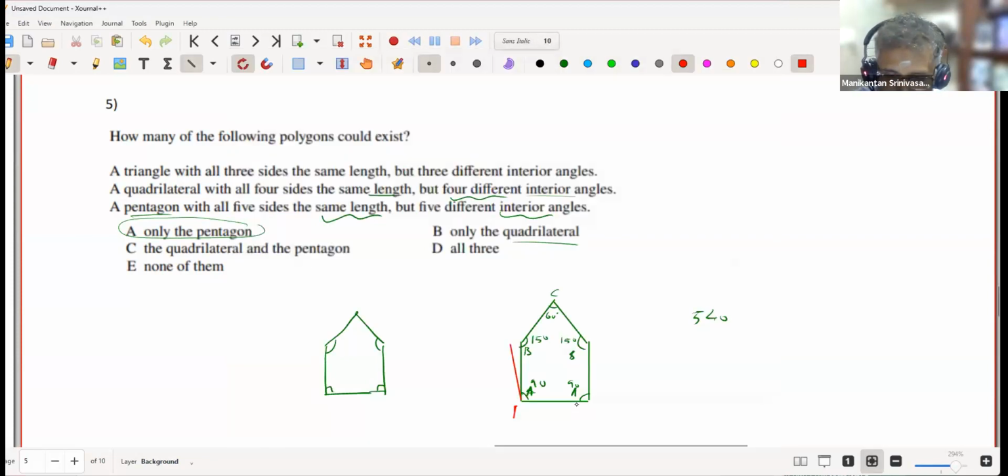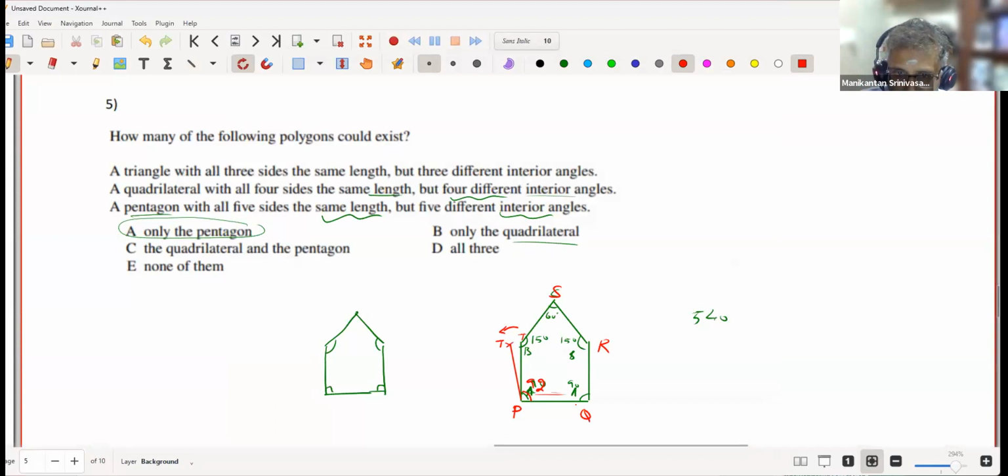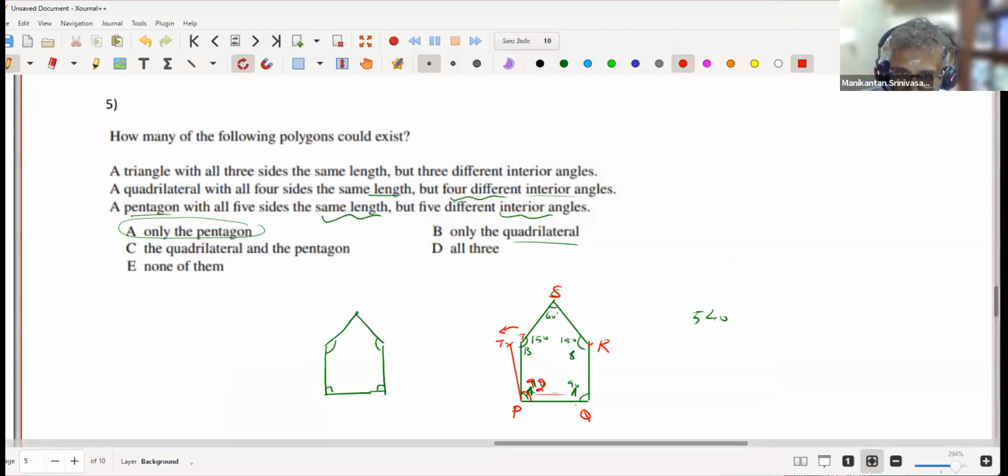Pressed something by mistake. Okay, so let this be P, Q, R, S, T, right? So T, I've moved slightly to the left. R, I've kept the same. So that way I've made this 90 into 92 now. So 90 and 92 are different. Now with T and R, I can carve out some equal measurement, which will meet here and here, right?